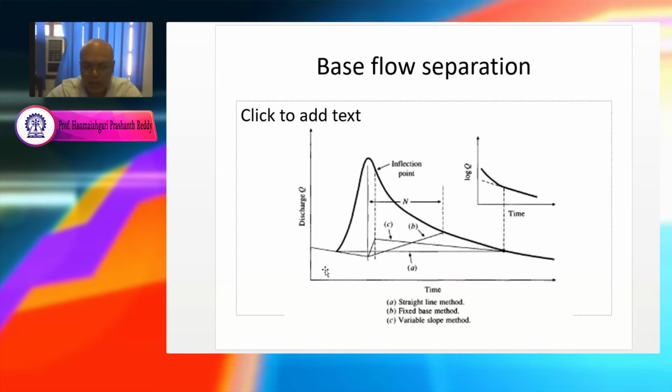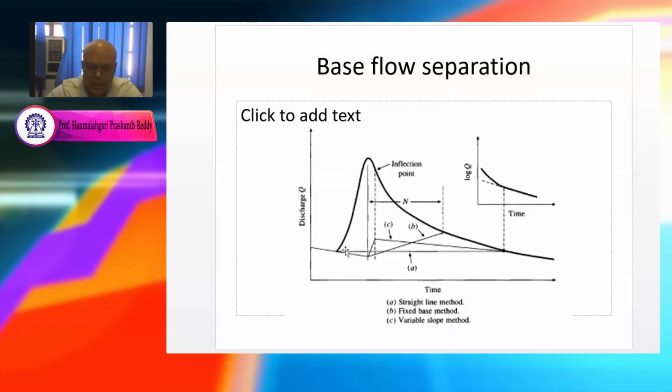You see this figure, this thick line, which shows the flood hydrograph. But because we are interested in the direct runoff hydrograph, that is directly resulting from excess rainfall.